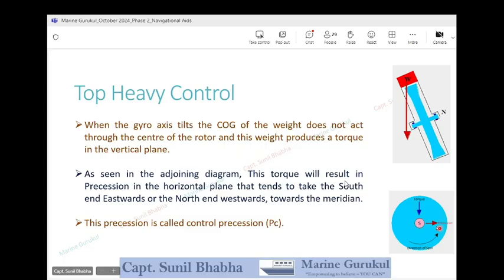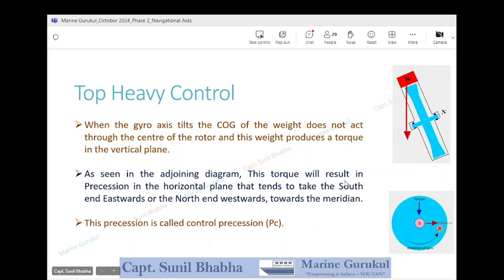Repeating once again, as soon as the gyrostar has an easterly drift and an upward tilt, this top heavy weight generates a torque which tries to push the south end downwards. Because of precession, this downward torque is rotated in the anti-clockwise direction by 90 degrees and tries to precess the south end eastwards, which results in the north end precessing westwards.